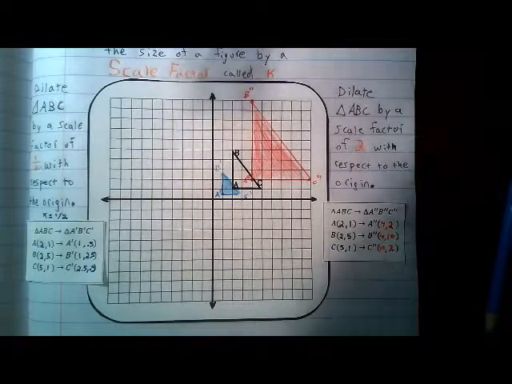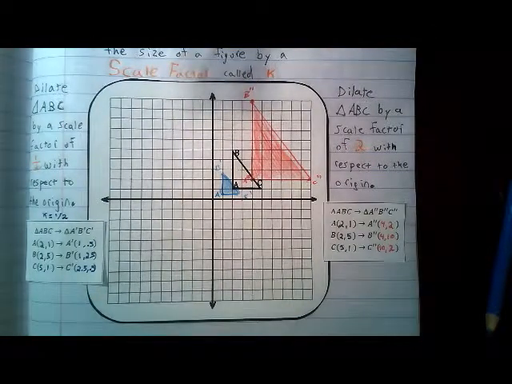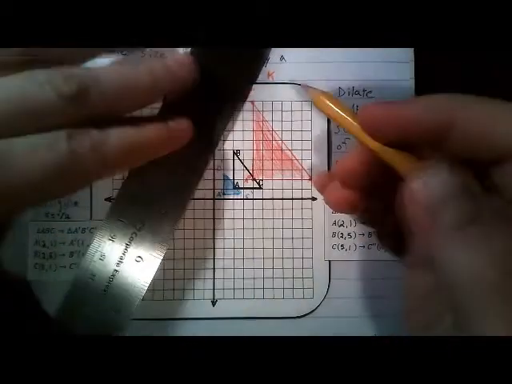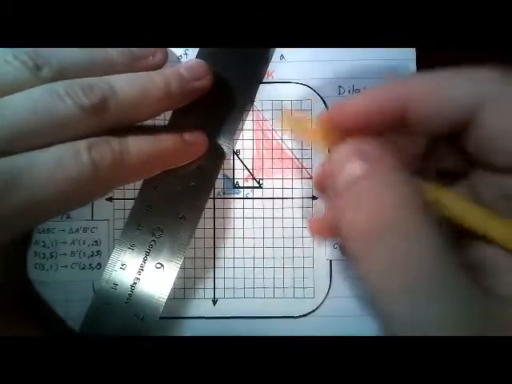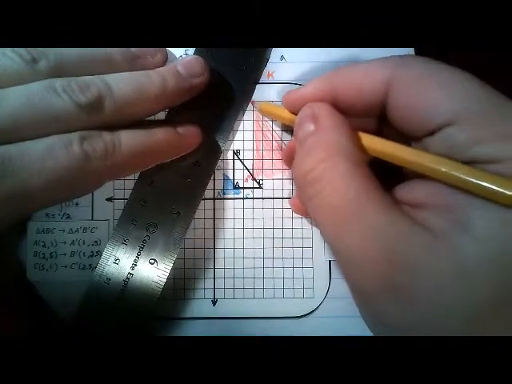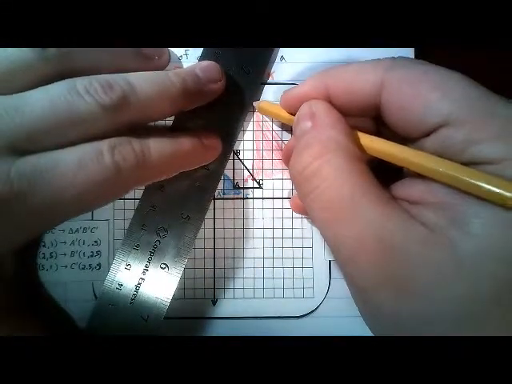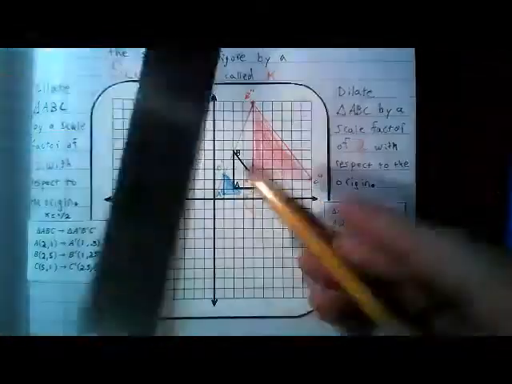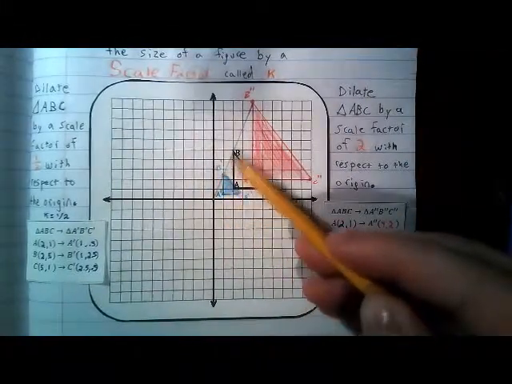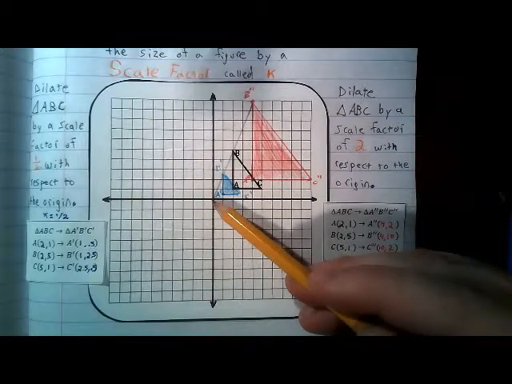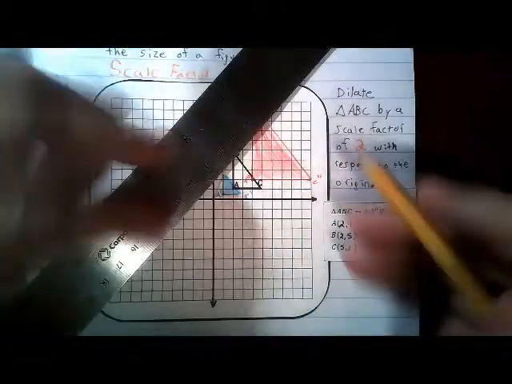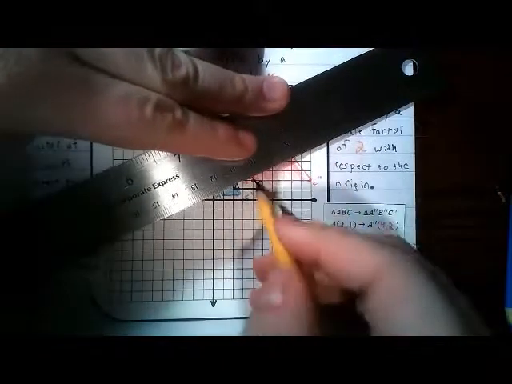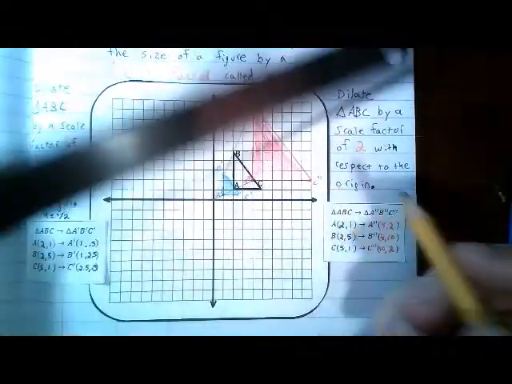And another thing that I wanted to mention when we talk about dilating things with respect to the origin, take a look at what happens if I put a line through the origin. Let's say I wanted to connect all the points for B. That line went through B, B, and B, and the origin. Same thing would be true for A. If I put a line through the A's, that would also go through the origin.